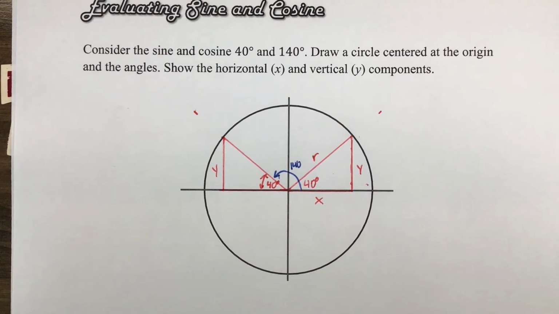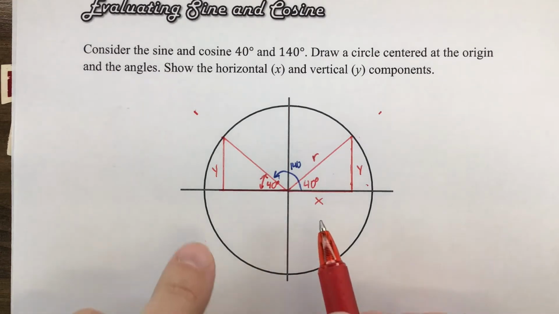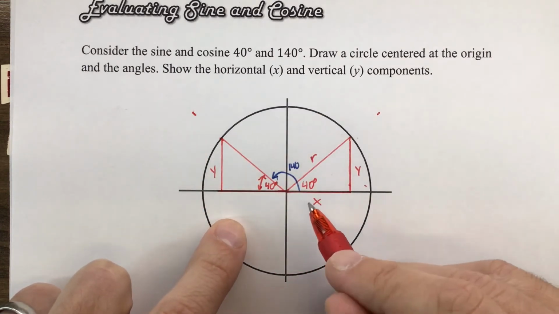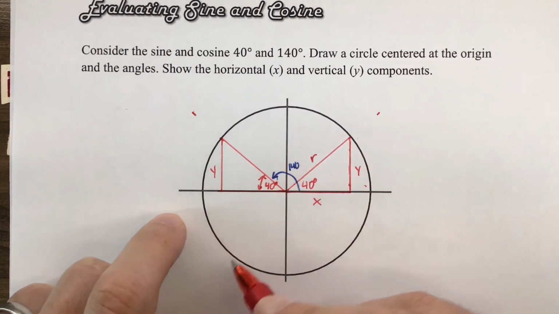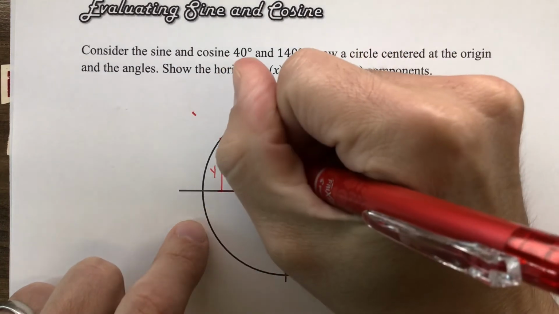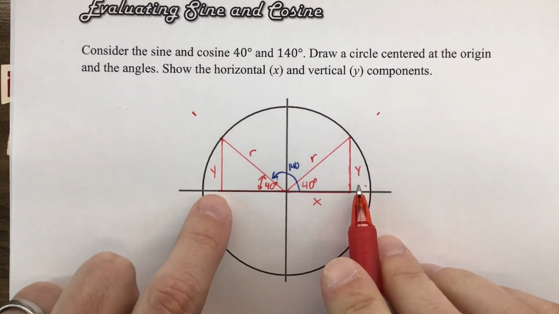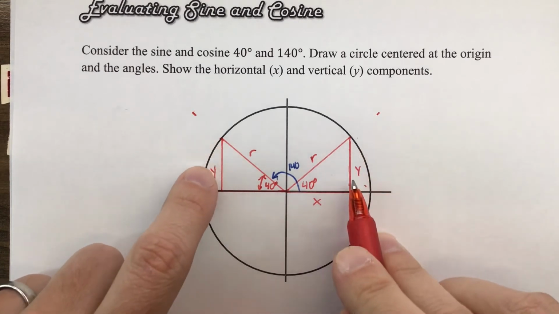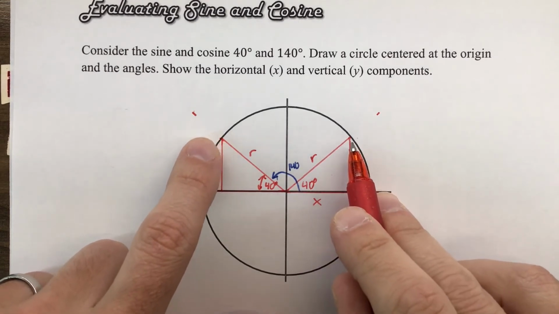Except that there's one difference about the two of them. If you look close at the components, I didn't label all the components here, so I'll go ahead and add them in as I talk about them. The radius is the radius everywhere, right? That's a circle, so I'm going to put an R there. These y values are the same, right? They go up to the same height. They appear to anyway.